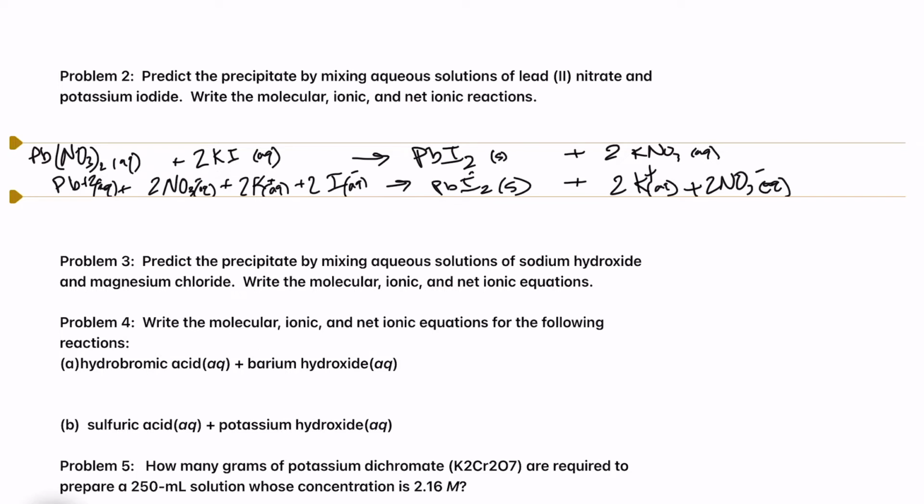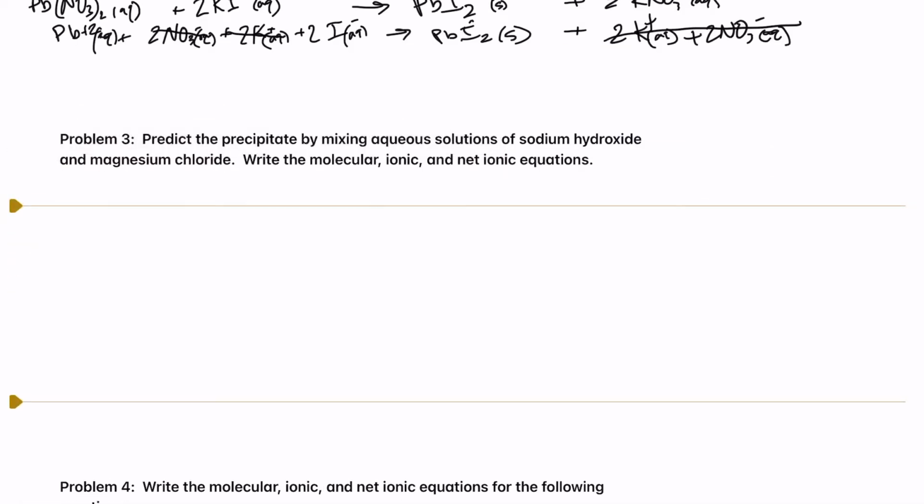And so if we look, we do see 2 nitrates on both sides. We do see 2 potassiums on both sides. And so I'm going to cross those out, and what we're left with is our net ionic equation, which was the Pb plus 2 plus the 2 iodides, giving us a solid.